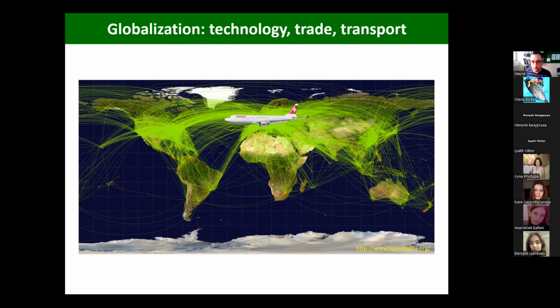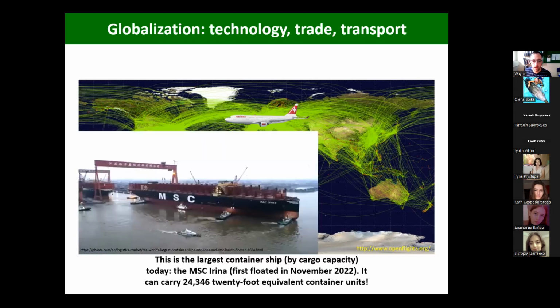Okay, and it's not just aviation that's really taken off and is connecting the world in the 21st century, but also shipping. And shipping is particularly important just because of the sheer volumes of trade that occur via large container ships, such as the one that's shown in the photo there.